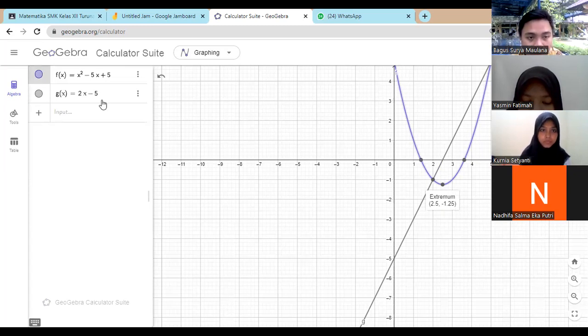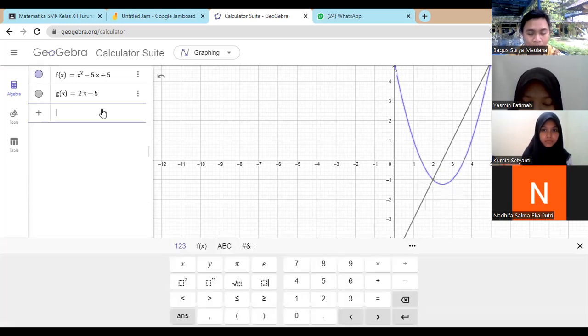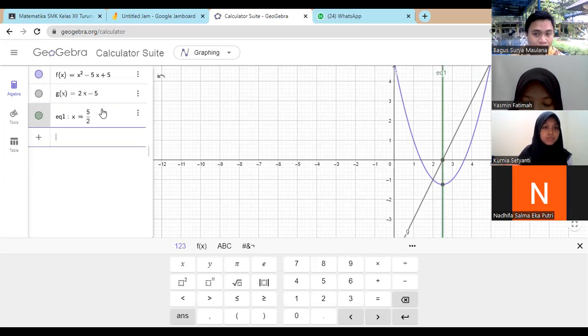How can we find it? From the definition, the derivative is equal to 0. So 2x minus 5 is equal to 0, so x is equal to 5/2, right? Okay, can you see it?